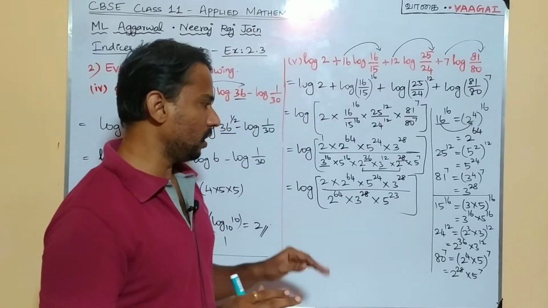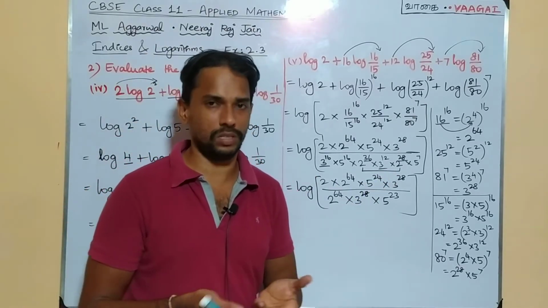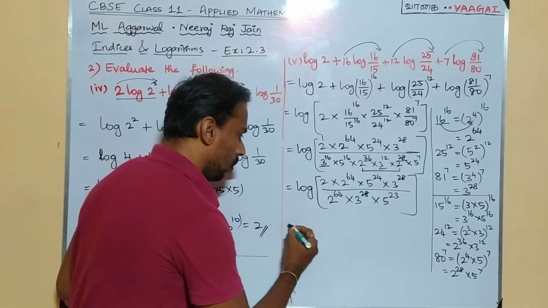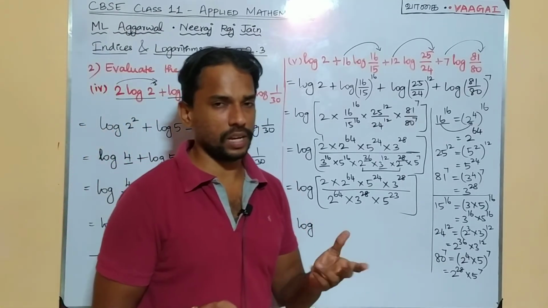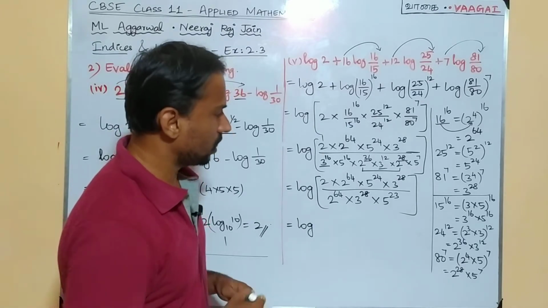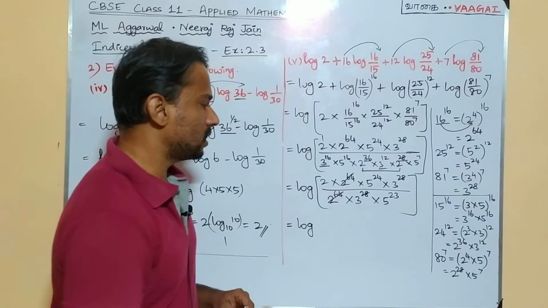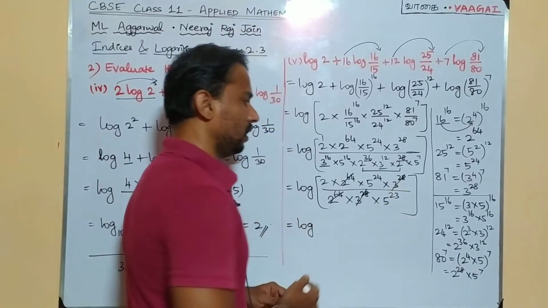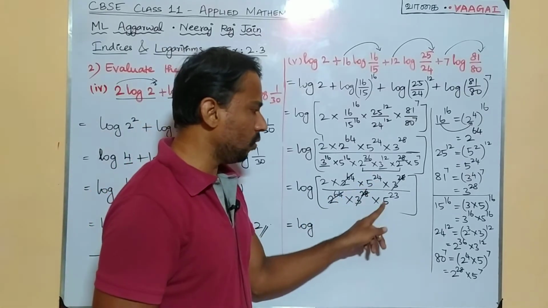So now we have written all the numerator and denominator terms as 2's powers, 3's powers, 5's powers. Now all we can do is cut the terms we can see here. I can cut 2 power 64 with 2 power 64, they both will be cancelled. Next I can cut 3 power 28 with 3 power 28, that is also cancelled. Now I will have 5 power 24 and 5 power 23.